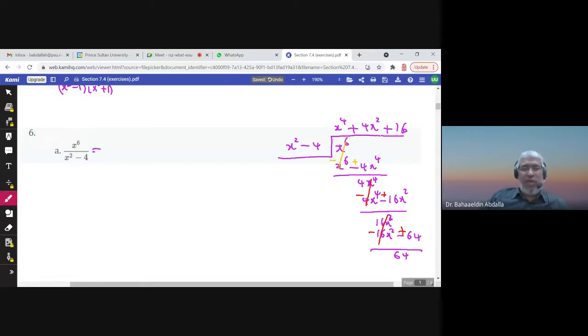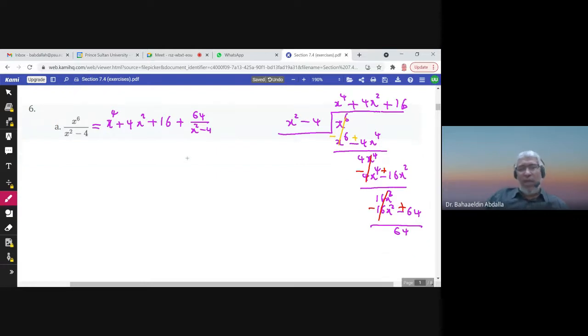So I can write this as x to the power 4 plus 4x squared plus 16 plus 64 over x squared minus 4. And now x squared minus 4 can be factored into x minus 2 times x plus 2.